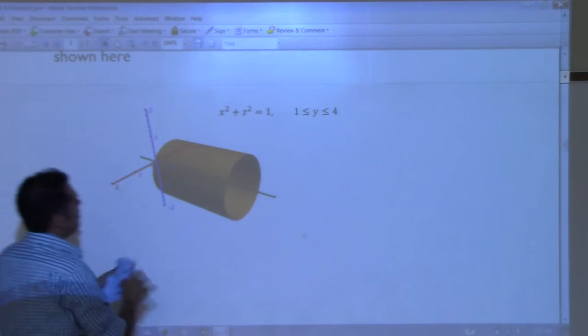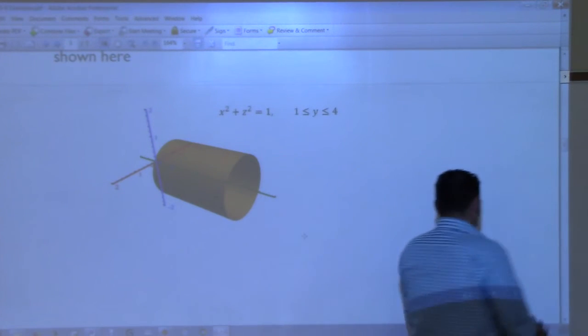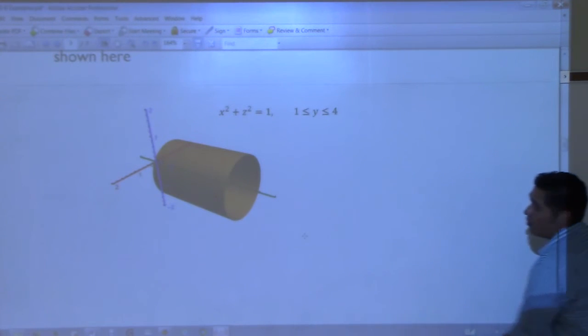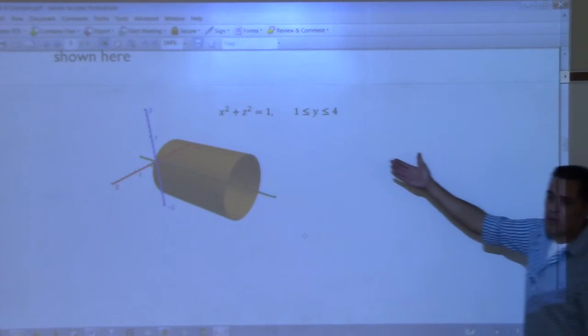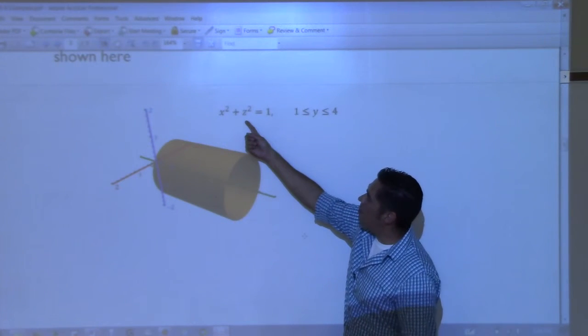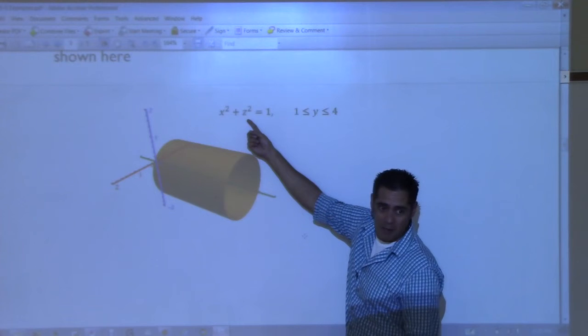So how can we draw this cylinder? Well, how can we draw it with parametric? This is how we draw it with equations and inequalities, right? Draw me this cylinder. That's a cylinder, right?